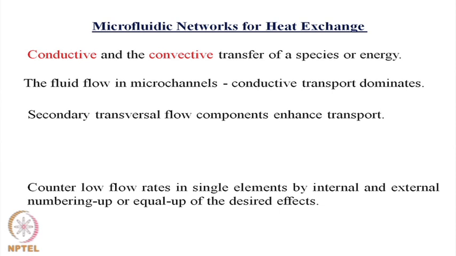When we talk about fluid flow in microchannels, it is conductive transport which is dominating. Now, you can have secondary transversal flow, especially when you have an obstruction perpendicular to the direction of flow, or a bend in the path of the fluid, thereby causing secondary flows, for example Dean flow, which one can encounter whenever there is a 90° or some such bend.